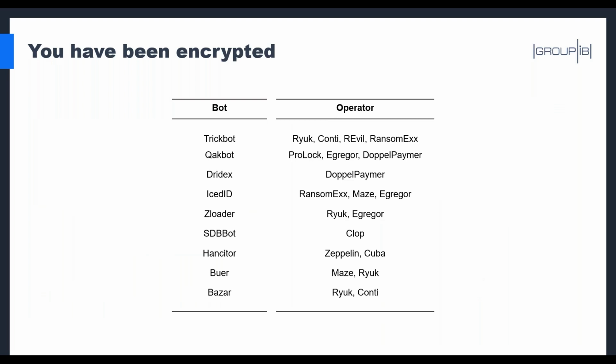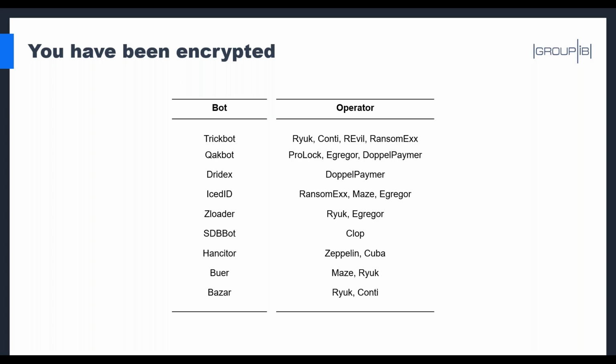And why are we talking about ransomware, and how is this connected to our topic and to commodity malware? Everyone already knows about ransomware operators and different families, and everyone tries to get the idea of how to prevent such attacks and how we can protect our organizations against ransom.